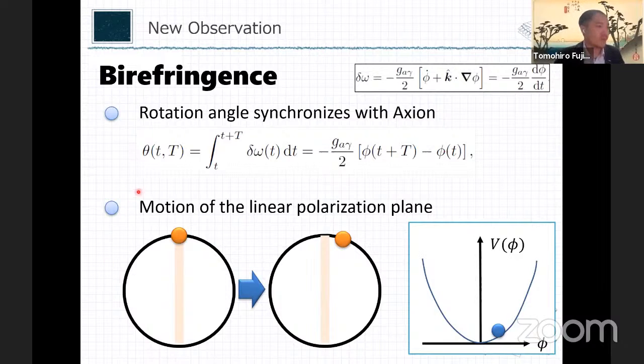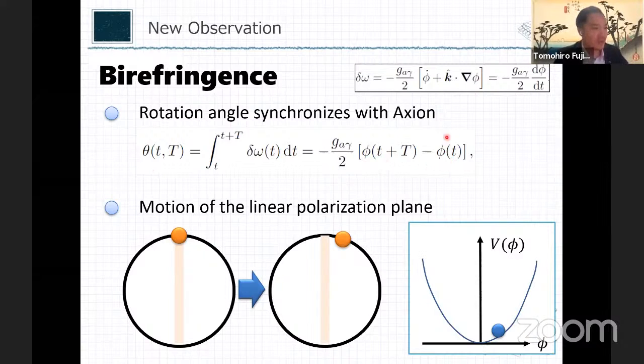And of course, you can do some mathematics, some calculation, and you get some result. Interestingly, since this correction to the dispersion relation is proportional to the time derivative of axion, and you integrate this phase over time, the result only depends on the boundary terms.